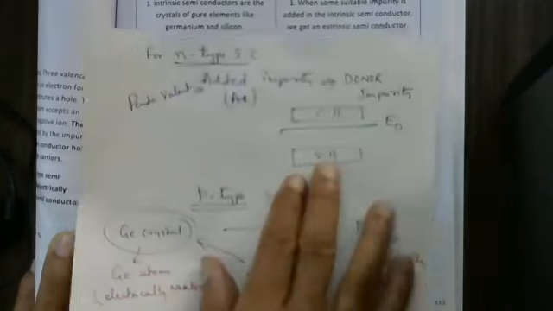There is no permitted energy state between the valence band and the conduction band in an intrinsic semiconductor. Here, a permitted energy state means ED or EA, which is present between the valence band and the conduction band. This is applicable for p-type and for n-type; both are extrinsic semiconductors.